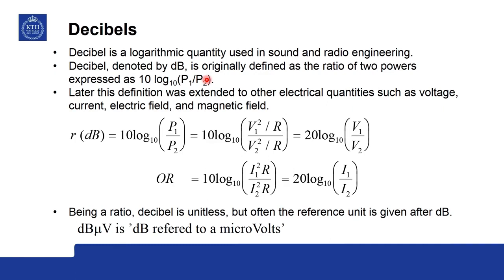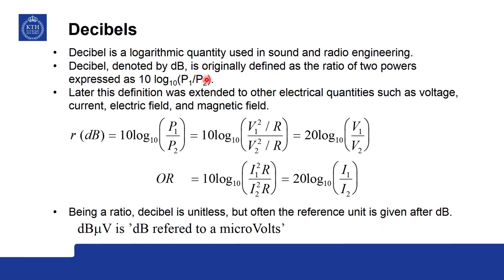Now, the reason for defining decibels is that often in EMC studies or electromagnetics, you deal with magnitudes that span several orders, 10 to the power of 8, 10 to the power of 10, like that. You can't express it on a linear scale, it is very difficult in a graph.